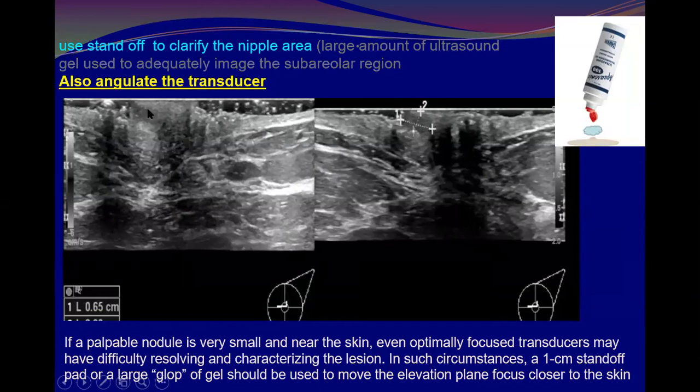Here, the amount of gel is not very clear, and the abutting transducer is not much visualized, but by giving more gel and angulating, not only putting the gel but angulating the transducer, we could clarify these lesions. The patient had a palpable nodule in her nipple.